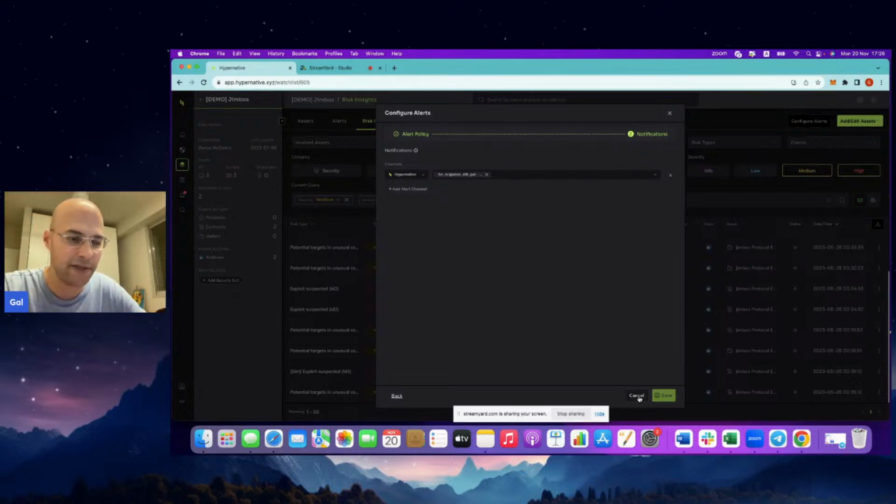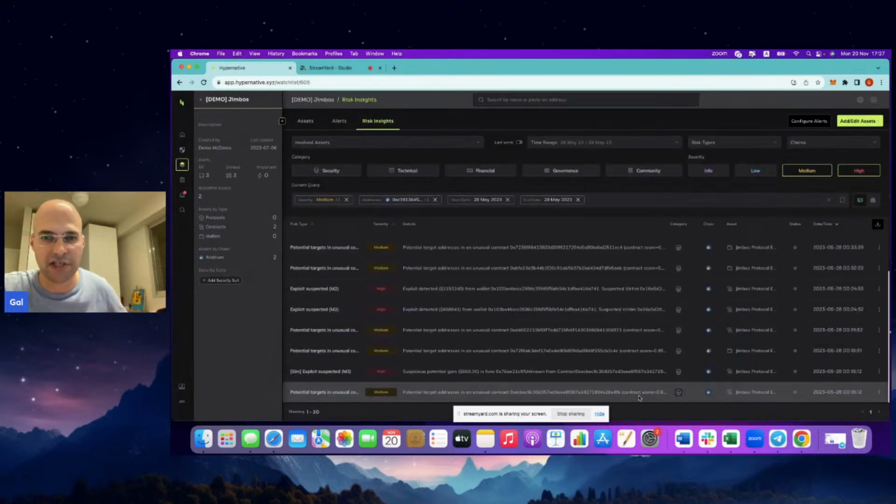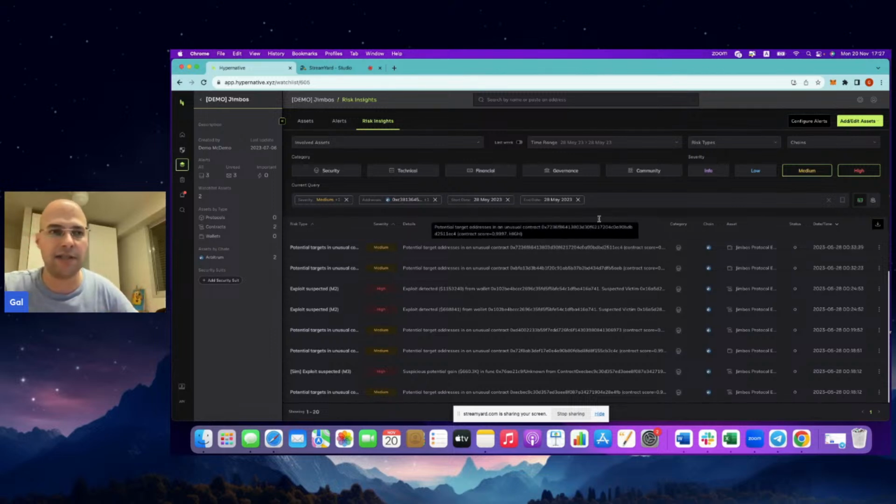So obviously you can send it to email, Slack, Discord, Telegram, any messaging channel, or to a webhook. So you can also send it to your API and decide what you want to do with this alert in a programmatic manner. But what Hypernative also has are options to actually trigger a very efficient transaction in real time.